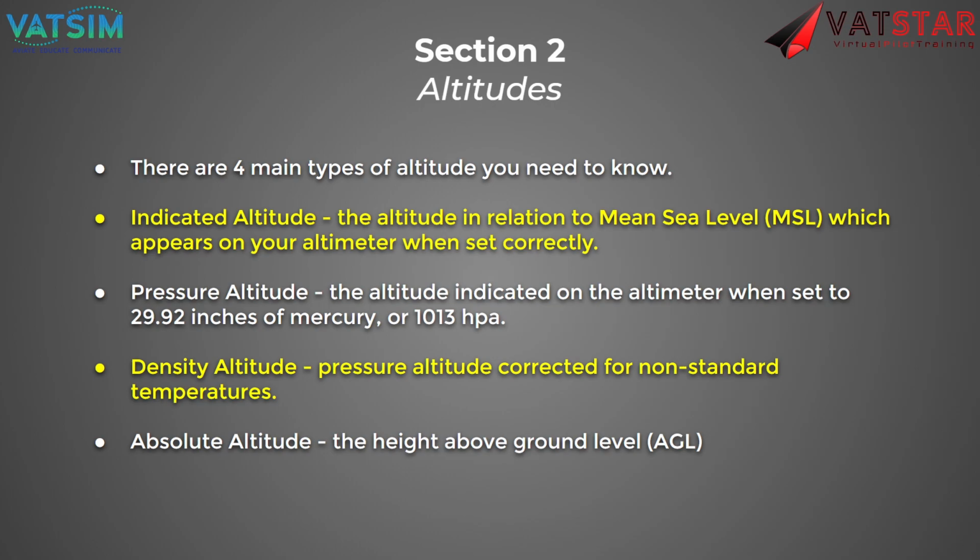The atmosphere is made up of different pressure differentials, so you find different pressure at different sections. 2992, or 29.92 inches of mercury, is what we refer to as standard pressure. That way, when we're all above transition altitude, we all fly on the same altimeter setting, so it doesn't matter where we are.